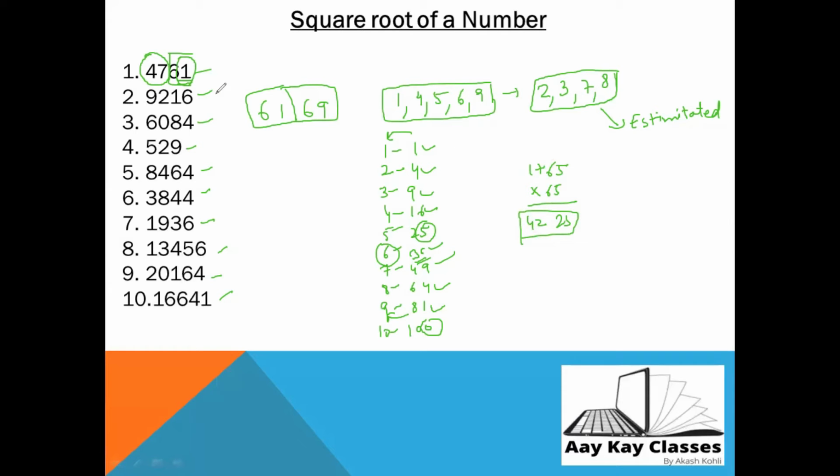Now see whether the number is greater or smaller than this. This is 4225 and this is 4761, so this is greater. So the answer would be 69. Let us find the answer for the next one. This is 16, again 4 and 6.